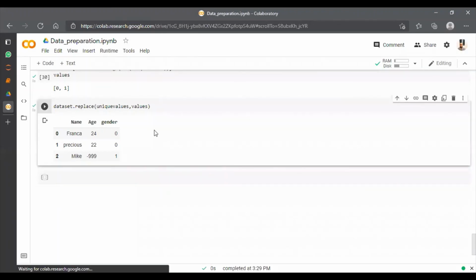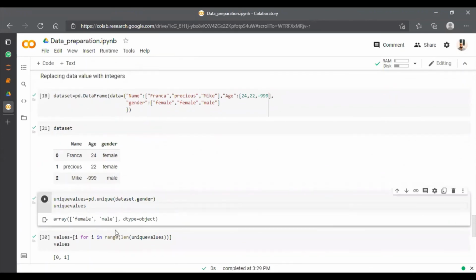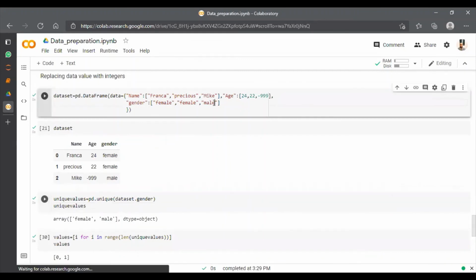So what I'm trying to say is that let's say we have several values. So instead of just listing the replace gender, for example, I have male, female, and transgender. You might not want to list all your values.